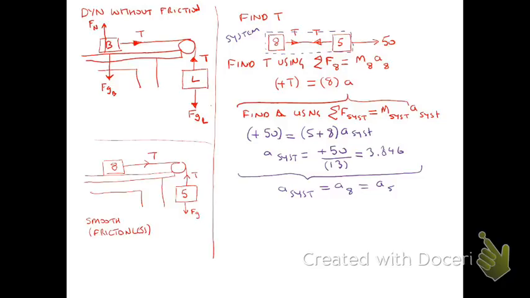They're all the same. This is the A of the 8 here. So my tension is equal to 8 times 3.846. Times that by 8, and I'm getting 30.77.